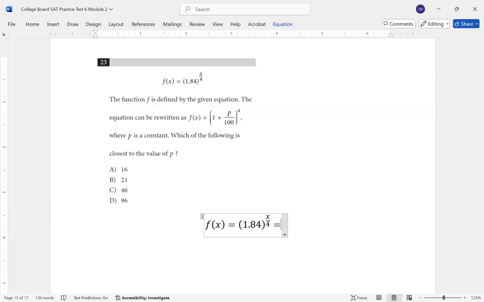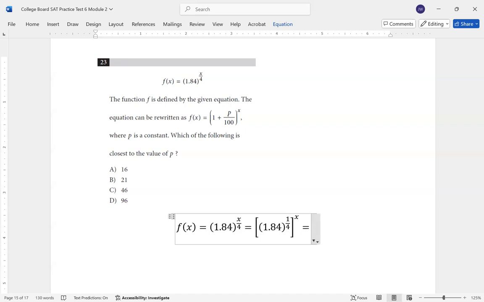And what I need to know is a rule of exponents called the power rule of exponents, which says I can take this and state it as 1.84 raised to the 1/4 power and have that entire expression be raised to the x power. So what I need to do is take 1.84 and raise it to the 1/4 power.